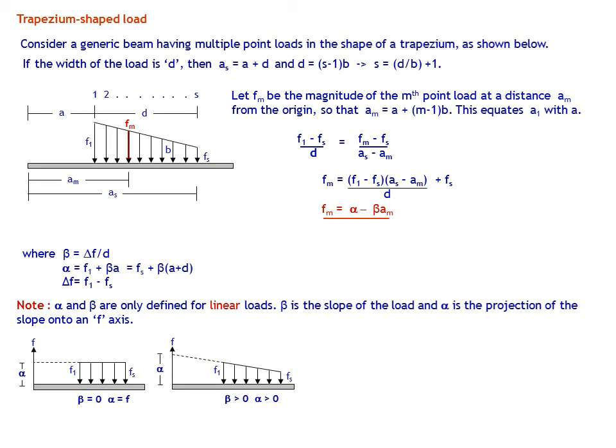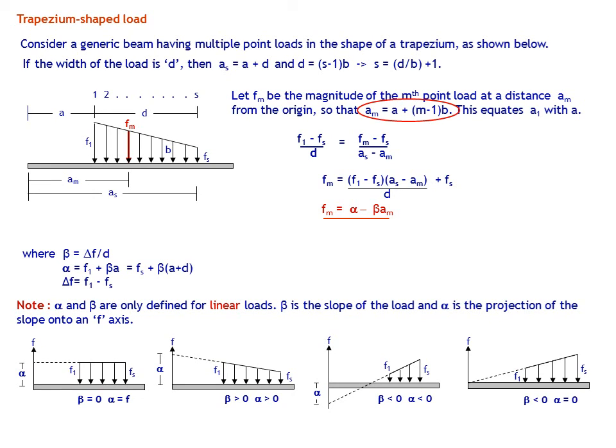When beta is positive, which is falling to the right, alpha is also positive. When beta is negative, falling to the left, alpha can be negative, positive or zero, depending on the magnitude of the end loads and the position of the load on the beam. If the load is in the shape of a rising triangle situated at the origin, alpha will always be zero.